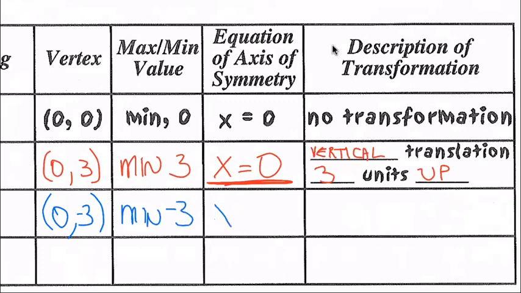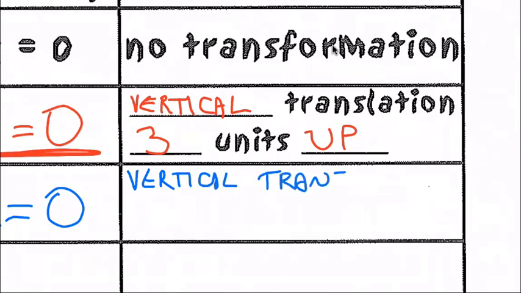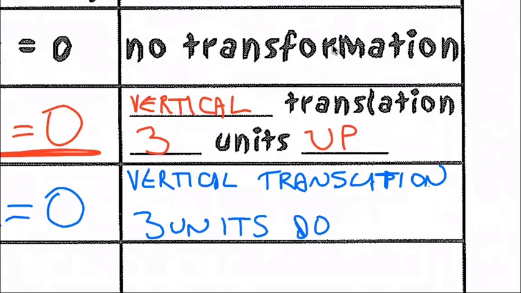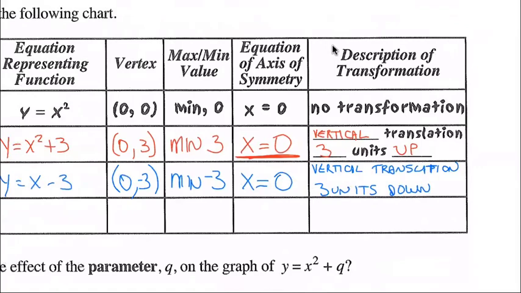The equation of our axis of symmetry did not change. We have a vertical translation, 3 units down. Okay. So that value of q straight up moves our graph up or down.